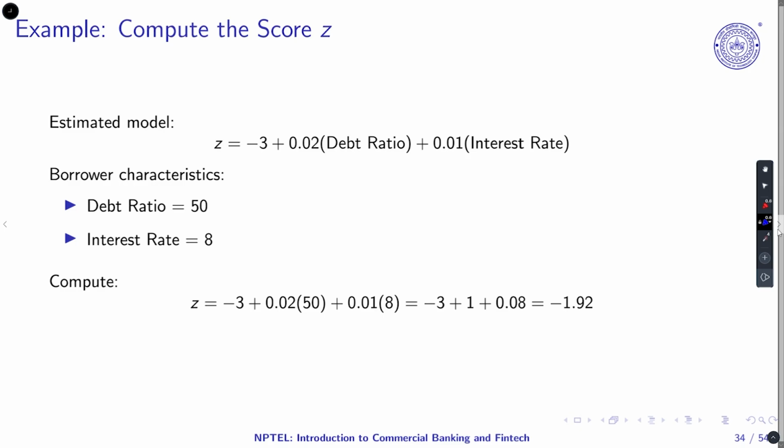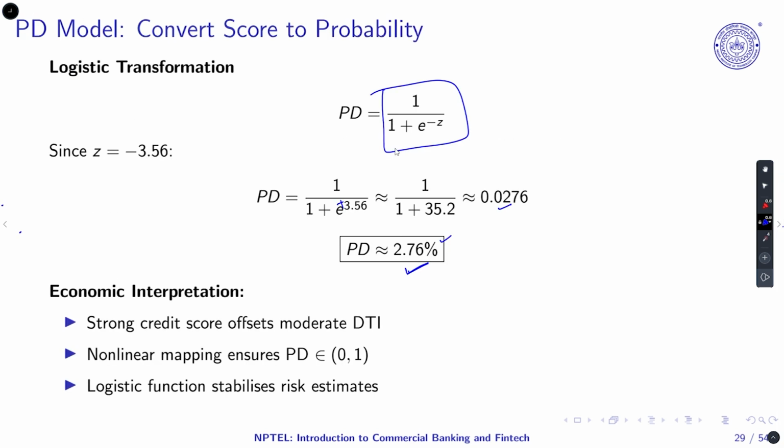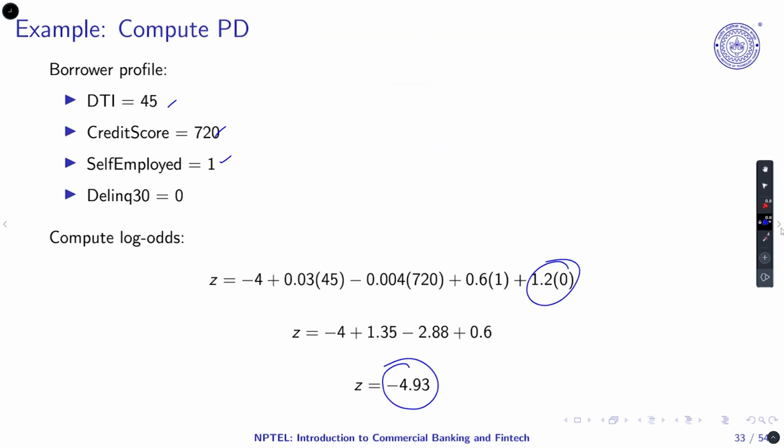So 4.93, and then we can calculate in the same way, putting the value 4.93 and getting the PD value, and then we can categorize which one is having higher or lower, right. So this is what we get here in this case.